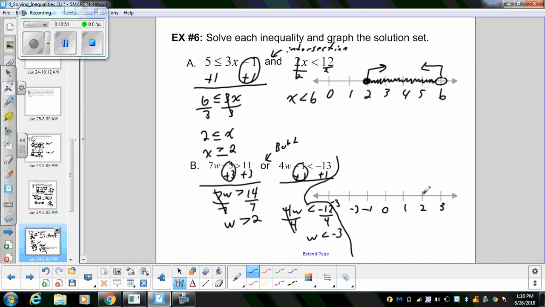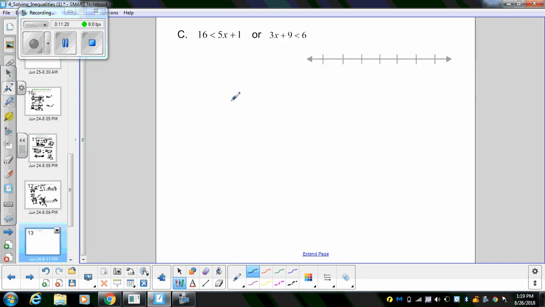There's no line underneath it, so it gets an open circle, and it's pointing to the right. Go to negative 3, it also doesn't have a line underneath it, so it gets an open circle, and it's pointed to the left. My answer here is the shaded part of this and the shaded part of this. So again, the or goes in opposite directions. Normally, there are situations where that won't always work. We'll see those soon.